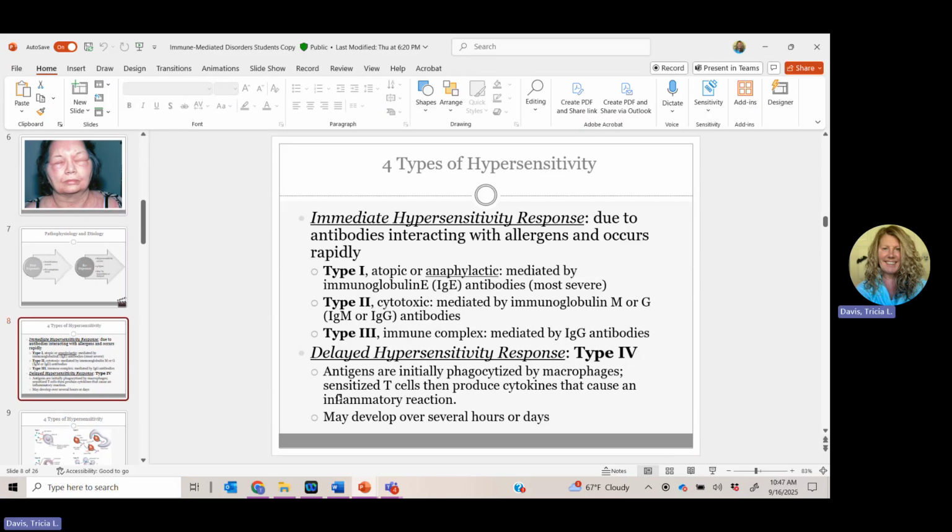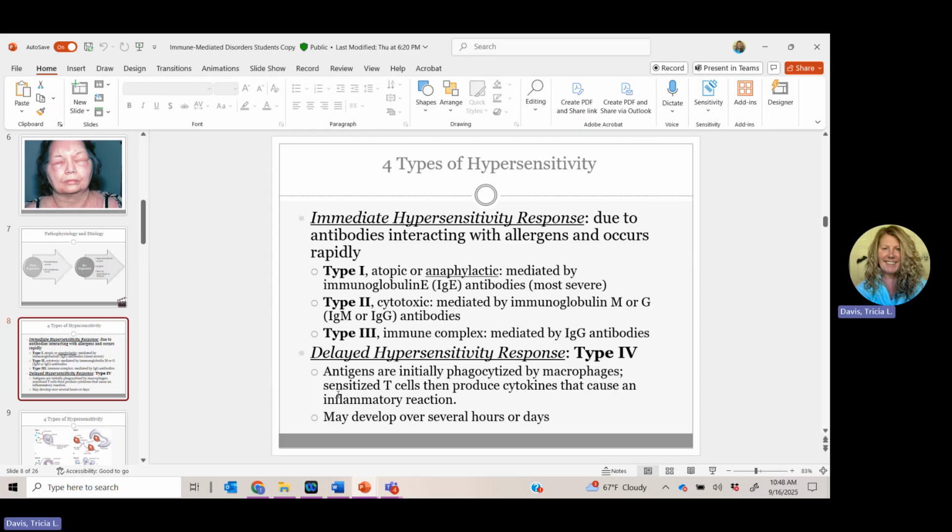All right, so an immediate hypersensitivity response is going to be due to those antibodies that are interacting with those allergens, and it happens very, very fast. So we can have a type 1, a type 2, or a type 3. So your type 1, it can be an anaphylactic, okay? And these are typically mediated by your immunoglobulins, okay, and your antibodies, and these are the most severe. So definitely want to know this slide.